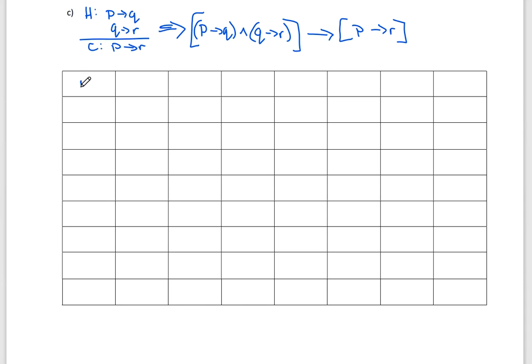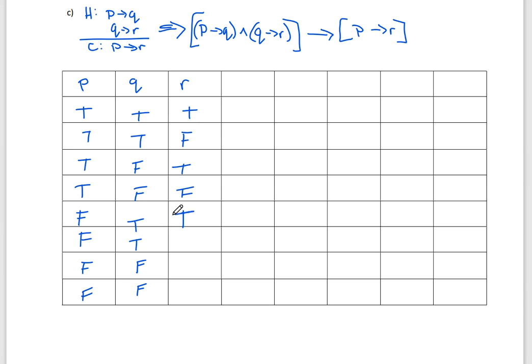So we have 3 simple statements here, P, Q, and R. So true, true, true, true, false, false, false, false. Q will be 2 trues, 2 false, 2 trues, 2 false. And R will alternate true, false, true, false, true, false, true, false.